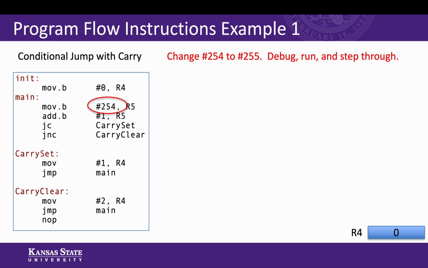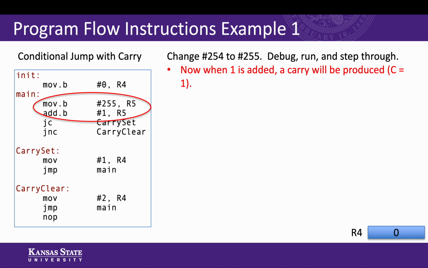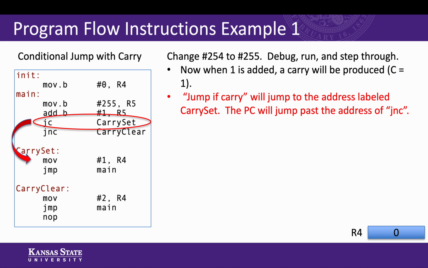Now if you want to stop your program, if you're following along, go for it. Please do, and change the number 254 there to 255. Then debug, run, and step through. Now, when 1 is added to 255, and remember this is a byte operation, a carry is going to be produced. C equals 1, that is. So when we get to the next instruction, jump if carry, it's going to jump to the address labeled carry set.